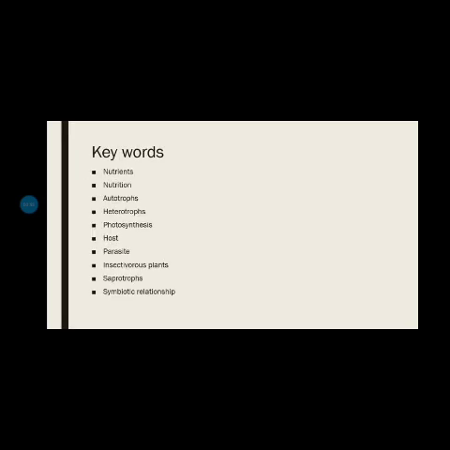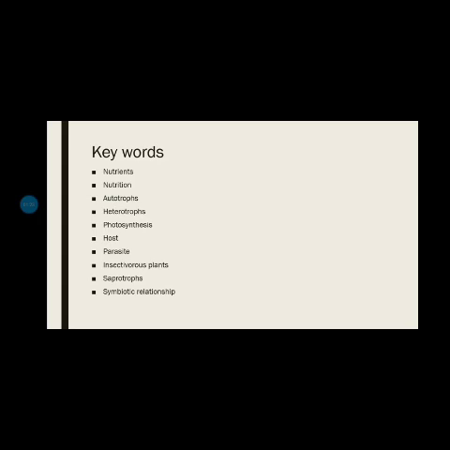Now, what are the new terms which we are going to see in this chapter? We are going to see the following important terms: nutrients, nutrition, autotrophs, heterotrophs, photosynthesis, host, parasite, insectivorous plants, saprotrophs, symbiotic relationship.